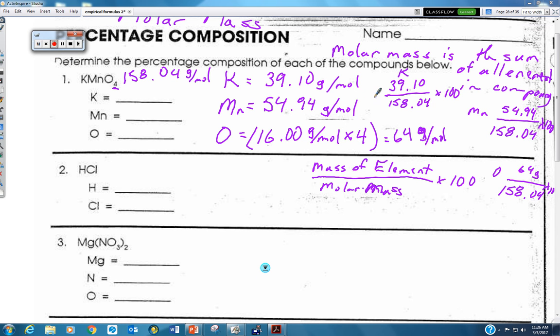All right, when we solve these, for potassium, 39.10 divided by 158.04, the molar mass of potassium permanganate, times 100, we should have come up with 24.74%, depending on how you round it. I like to stick to 2 decimal places when I'm doing these, just for cleanness sake.